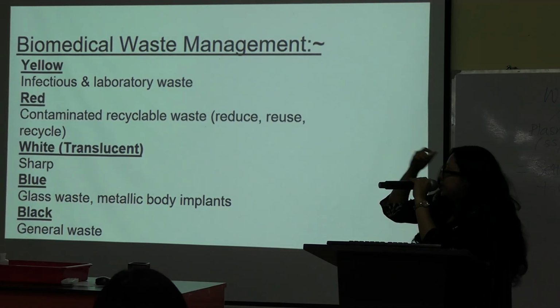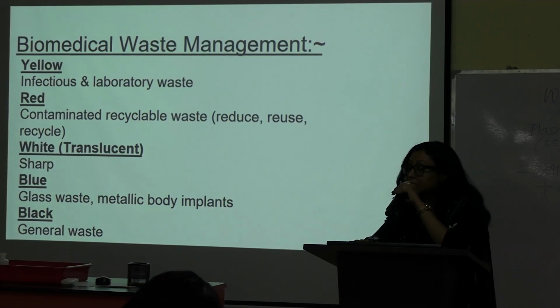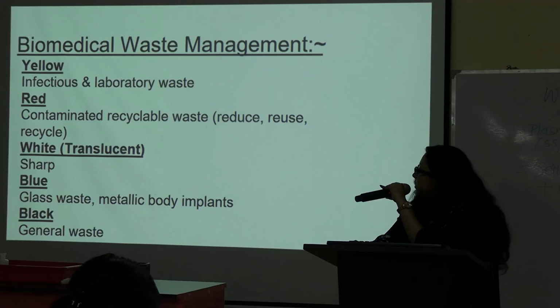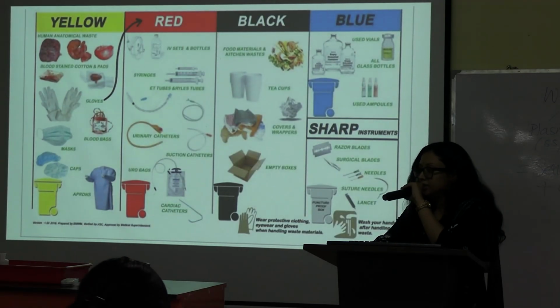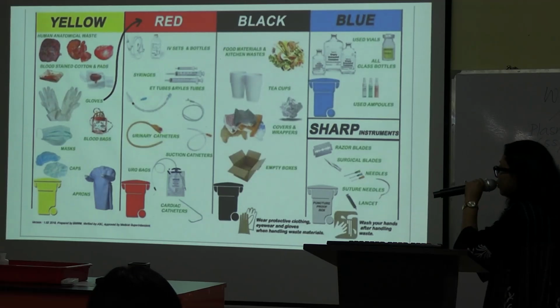So biomedical waste management again is very important. This is basically a PSM topic. Here I am discussing biomedical waste management for blood collection purposes only. I will be giving you certain mnemonics.